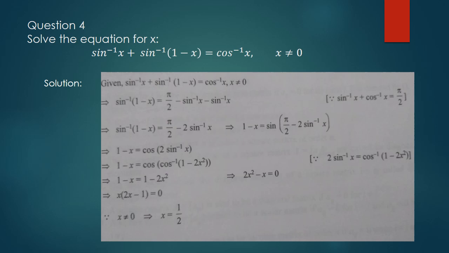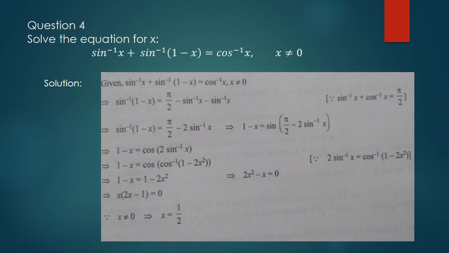Now we will apply the formula of 2 sin inverse x, which is in terms of cos inverse. So its value will be cos of cos inverse 1 minus 2x square. Then cos and cos inverse will neutralize each other, which will be equal to 1 minus 2x square.